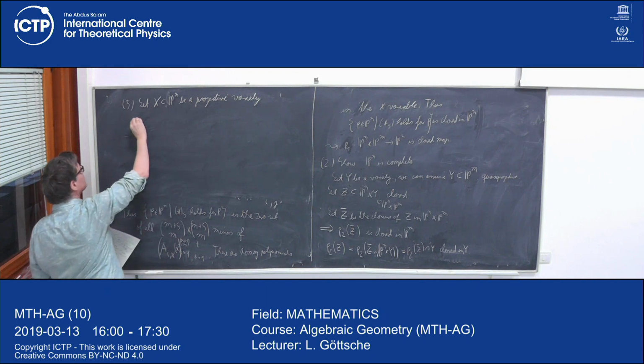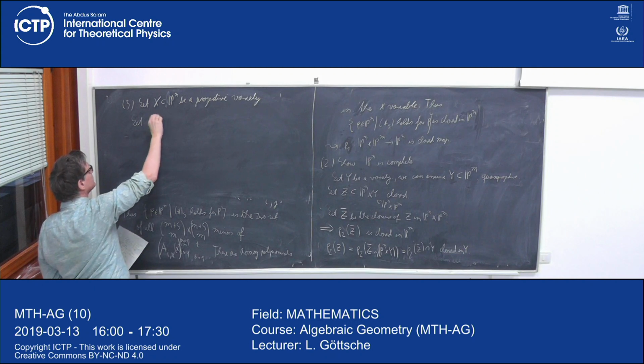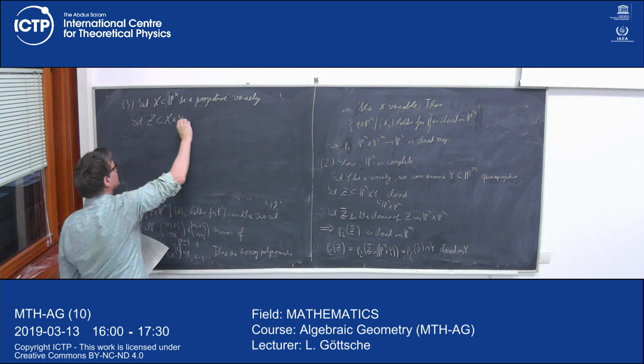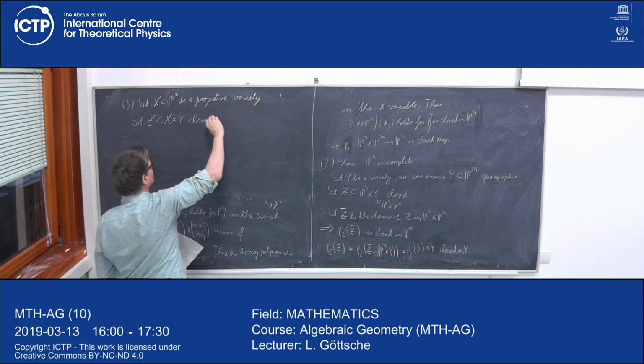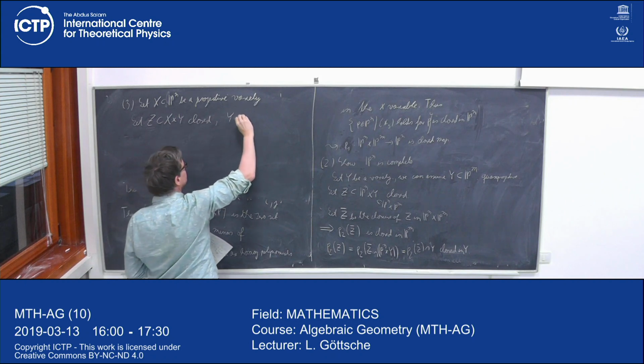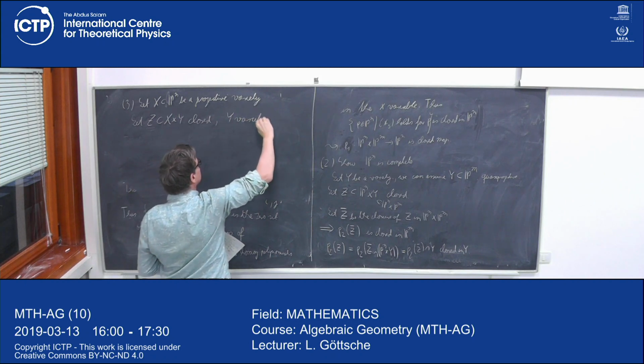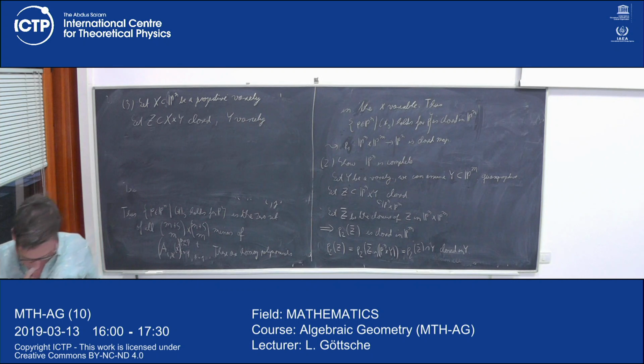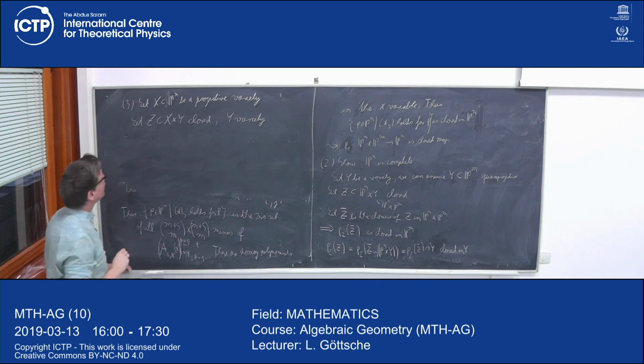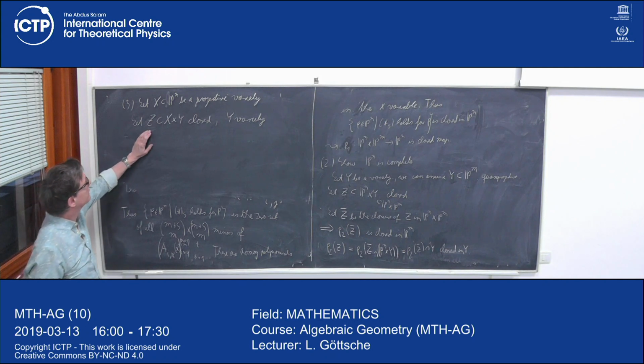So again, let Z in X times Y be closed, where Y is any variety. Now we can take the closure of Z in Pn times Y.